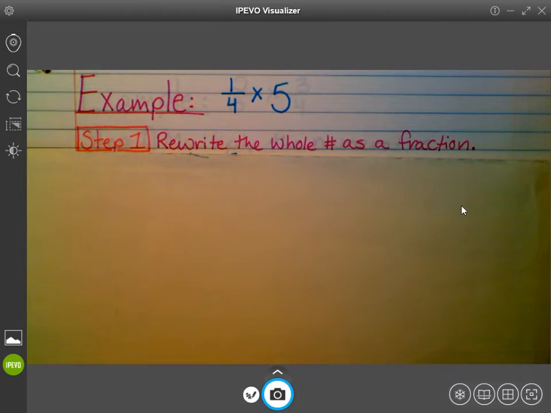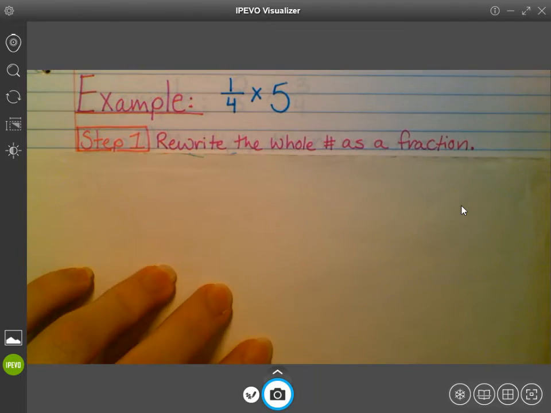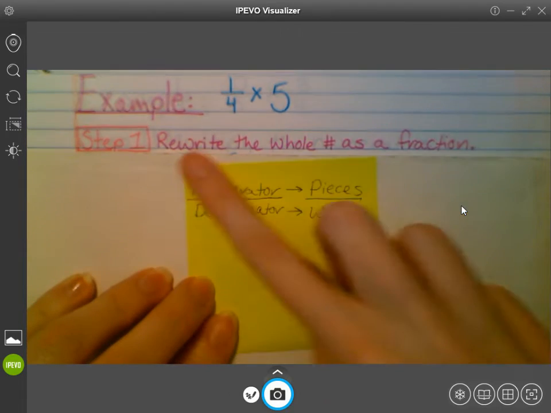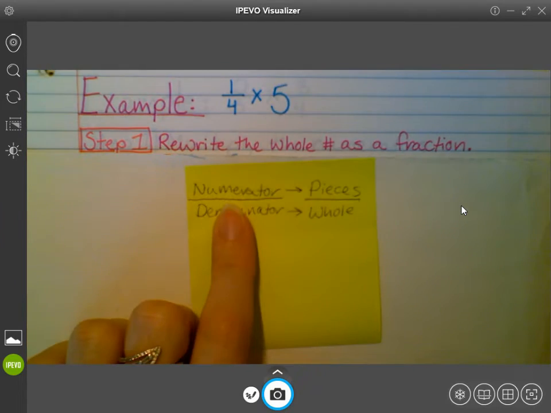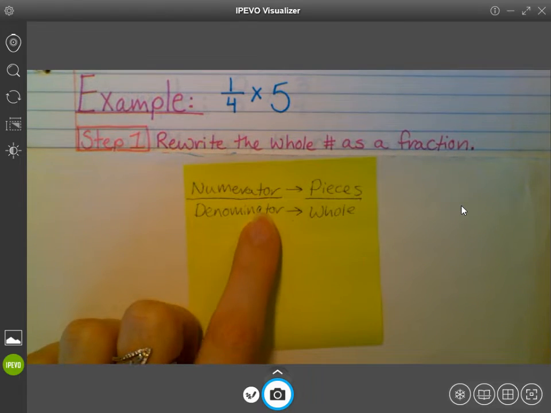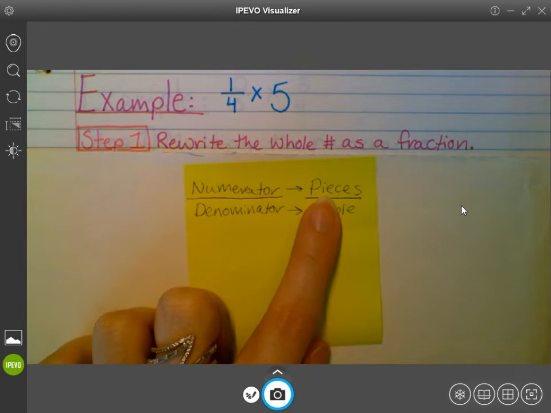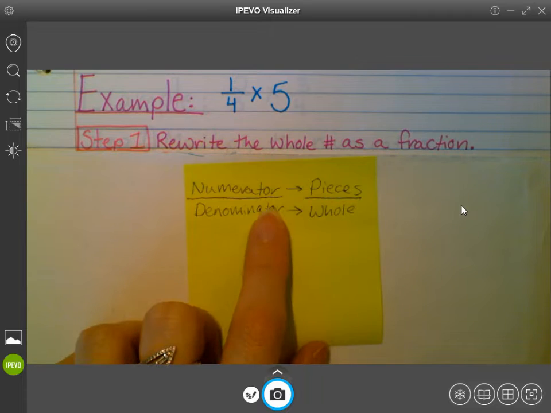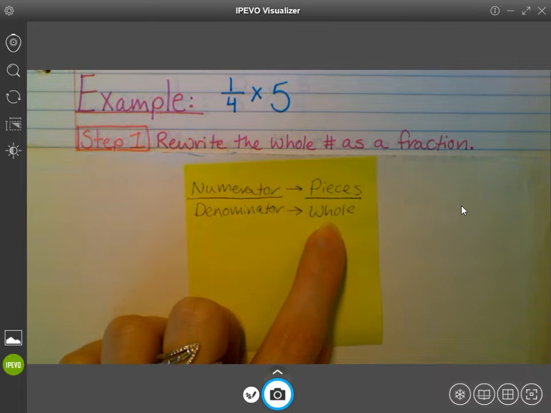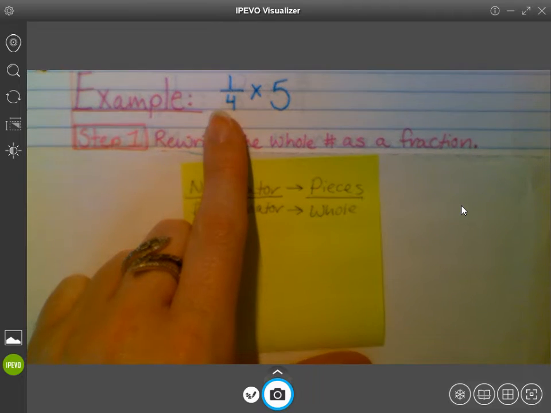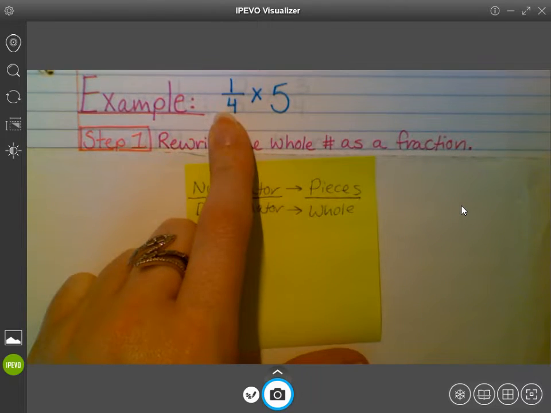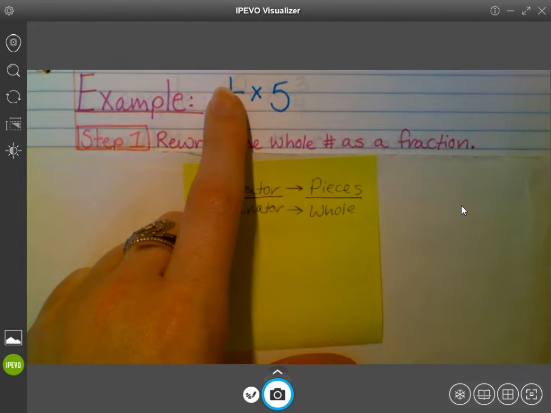Ready to rock? 5th grade, when we have a fraction, we have the numerator over the denominator, right? That numerator represents how many pieces we have. The denominator represents how many pieces our whole has been broken into. So like, for example, with 1/4, a whole has been broken into 4 pieces, but we only have 1 piece.